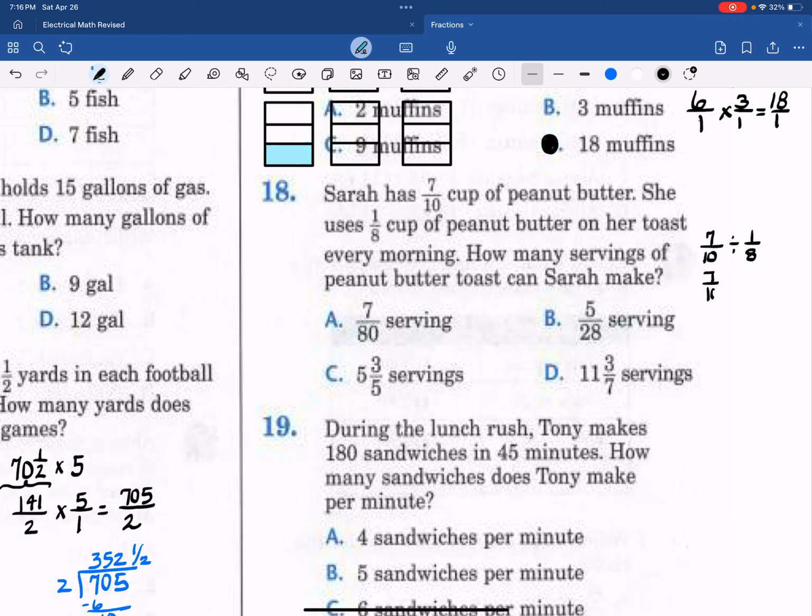So 7/10 times 8/1, and you can cancel once you get multiplying in there by 2's. And that leaves me with 28/5. 5 into 28 goes 5 times, with 3 left and 5 on the bottom. So she can get 5 3/5 servings out of that 7/10 jar of peanut butter.